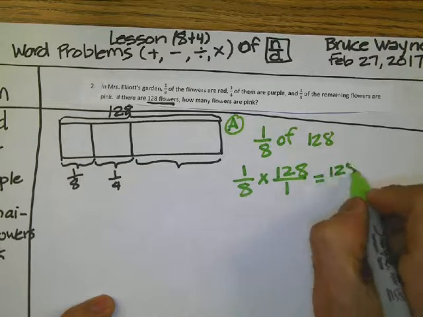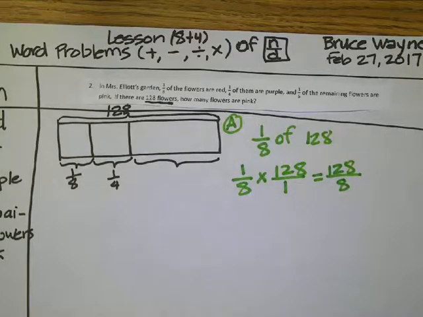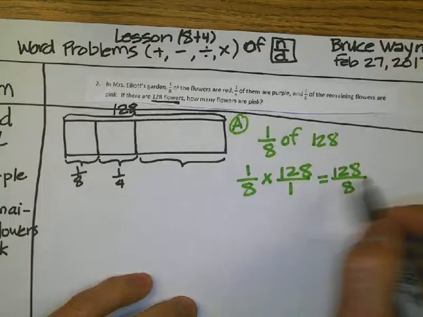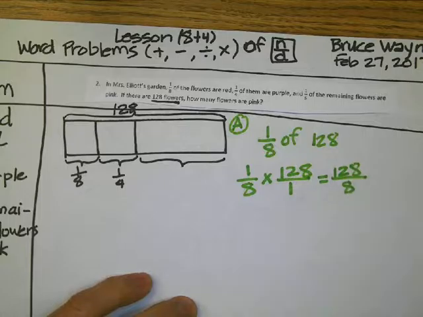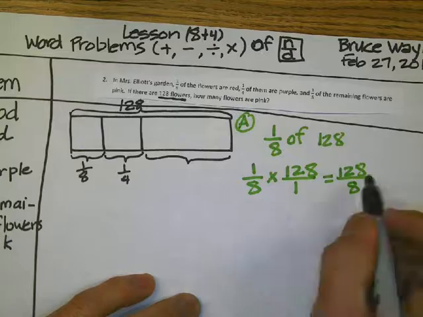Okay, my friends? So here is the strategy that I've been teaching my students. So you find out how much 8 goes into 128, and this is what I do. So you can do a division. That will be the simplest way to do it. So 128 divided by 8.